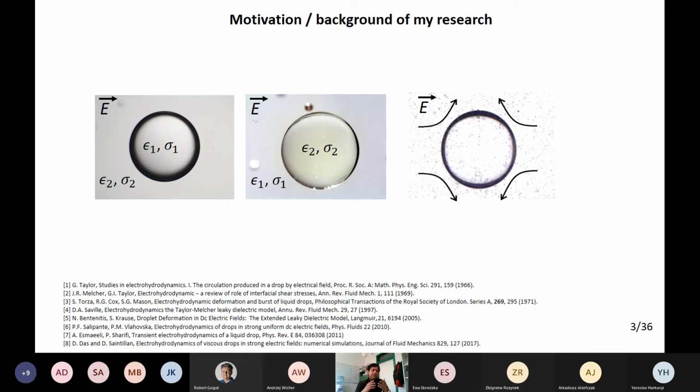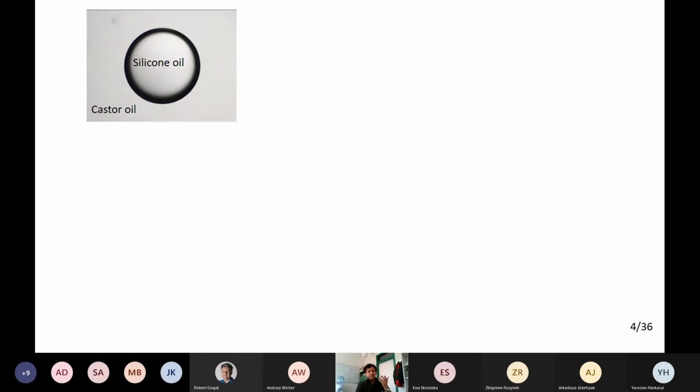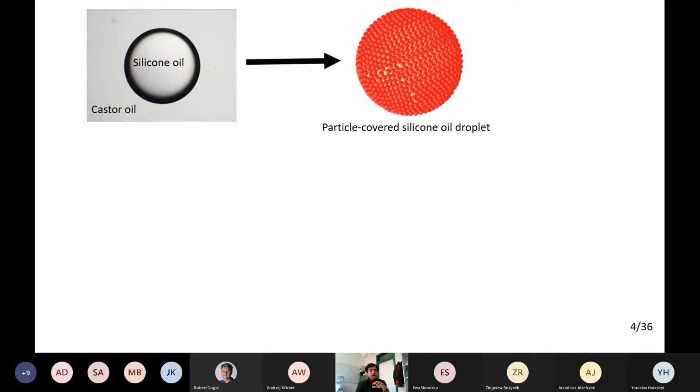Now I want to move to my three-phase system. What will happen in the three-phase system? This is my two-phase system. If we add particles at the droplet interface and make the three-phase system, how will the droplet behave under the electric field? This is the question. Whether the droplet will behave differently than the pure silicon oil droplet under the electric field, or it will be deformed differently.